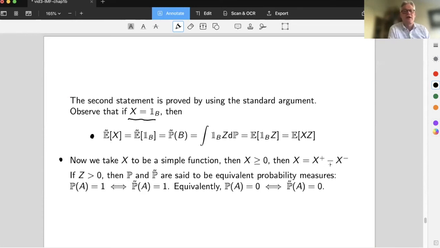That is the standard argument that is followed for quite a number of these theorems.